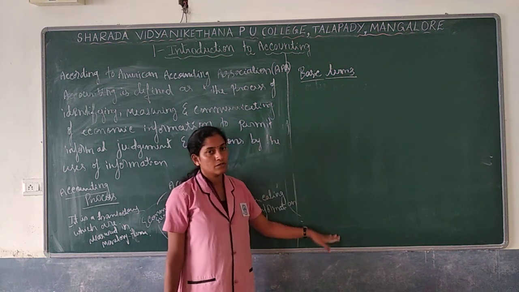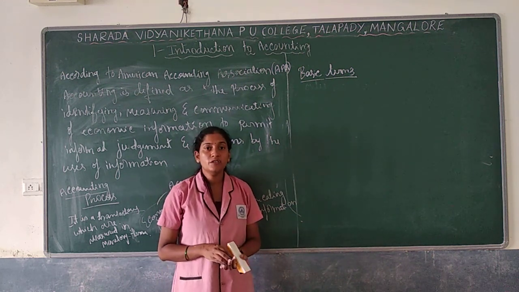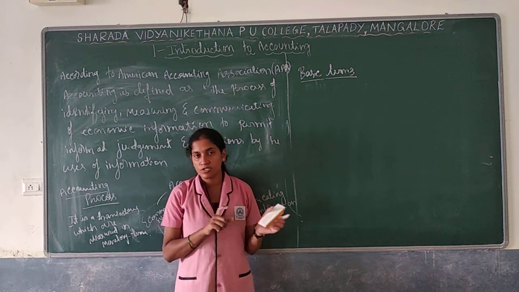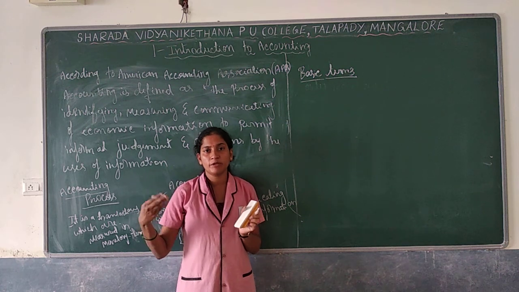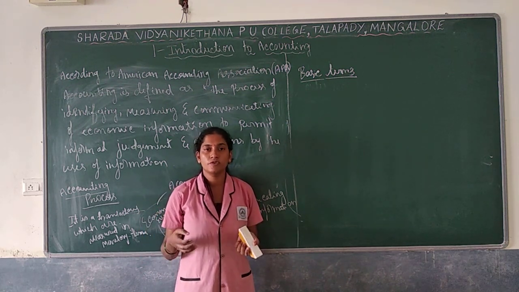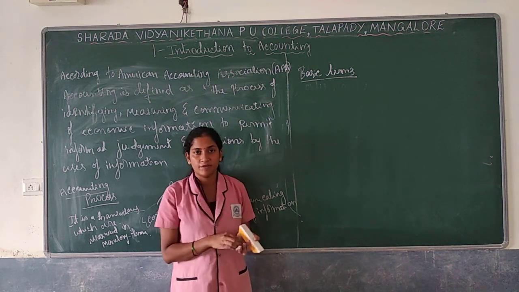Later on you will come across these terms in future. Most of the time they will be repeated in the textbook, so you need not worry what is this, what is that, because everything will be covered here.